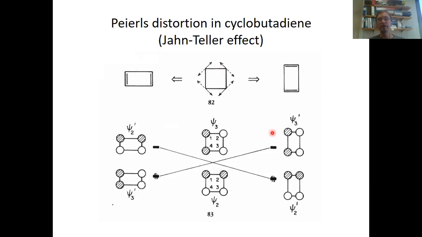It can distort so that these 2 carbon atoms come closer together and these 2 come further apart, or it can distort the other way, so that these 2 carbon atoms come closer together and these 2 atoms are farther apart, and that would resemble this structure here. Both of these structures are, however, chemically identical, because one only needs to rotate this molecule by 90 degrees to arrive at that molecule. So these 2 cases are actually indistinguishable.